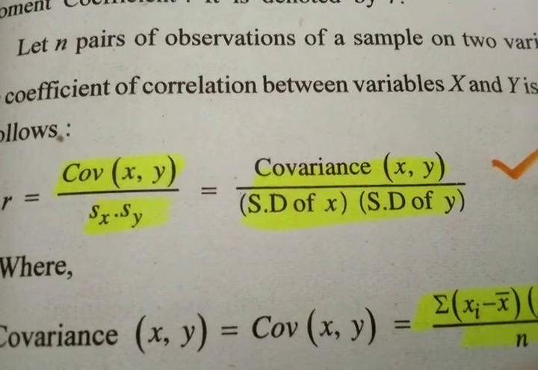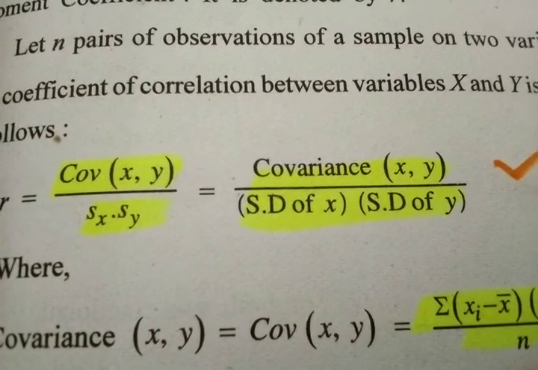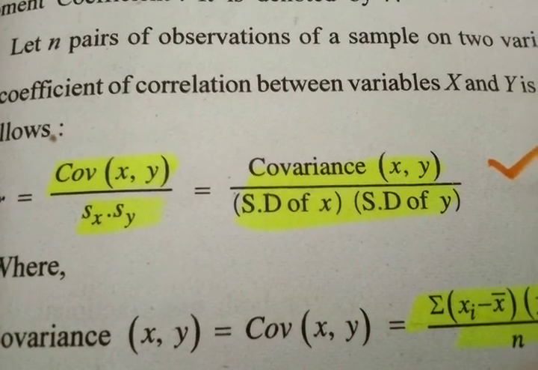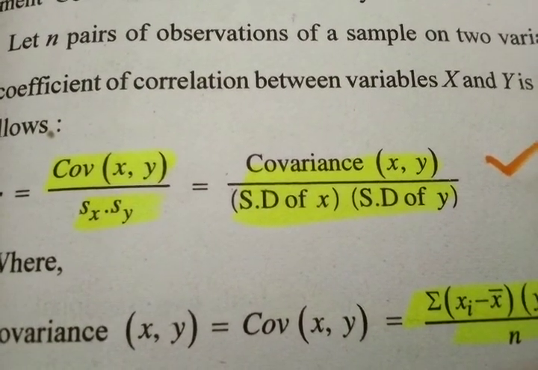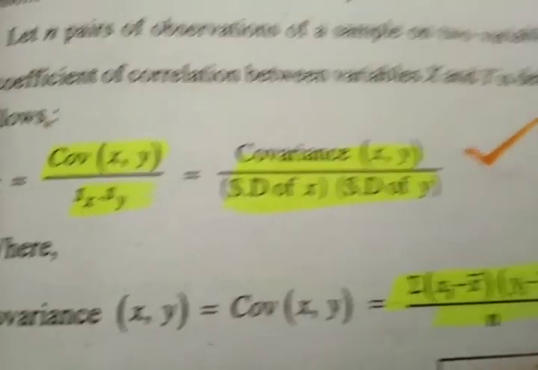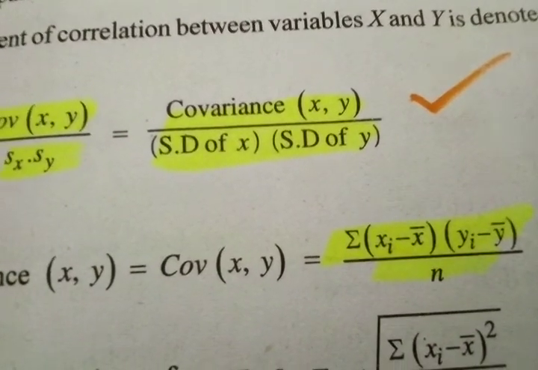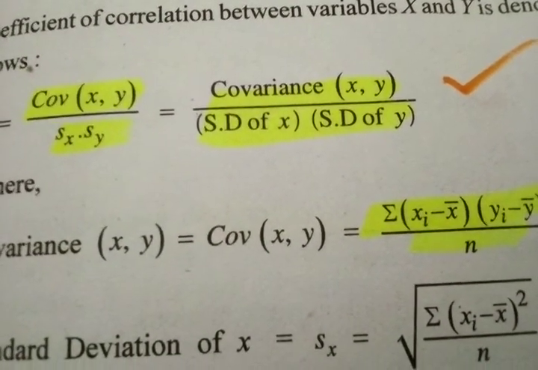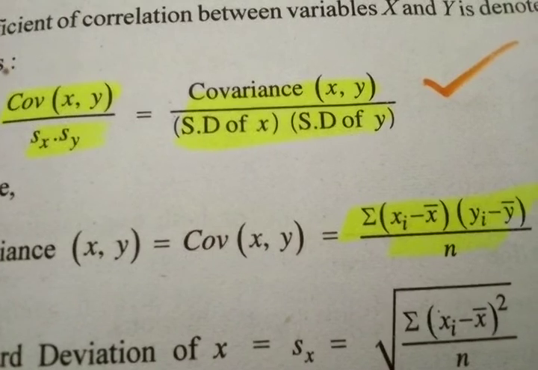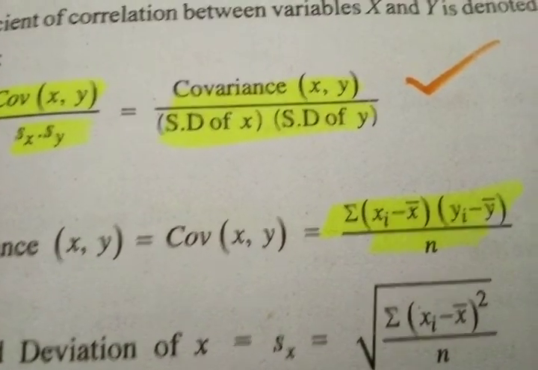That means whether there is positive correlation or negative correlation. The value of the covariance is not very significant, but only the sign, whether it is positive or negative. And the formula of r, or coefficient of correlation, is equal to covariance xy upon standard deviation of x into standard deviation of y.